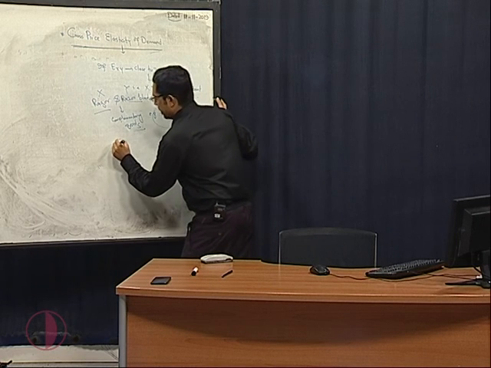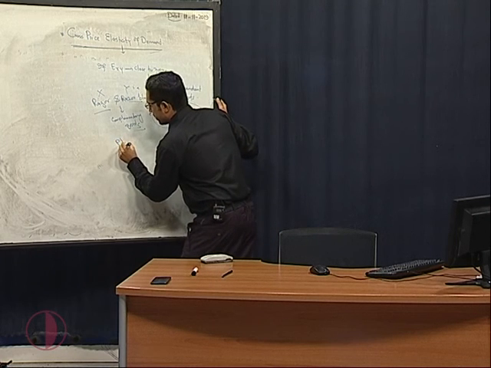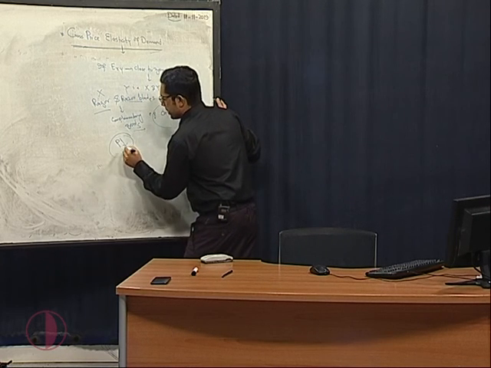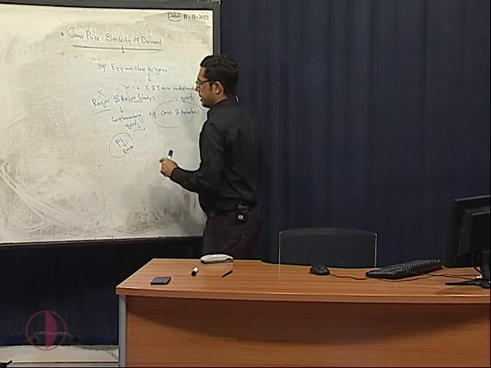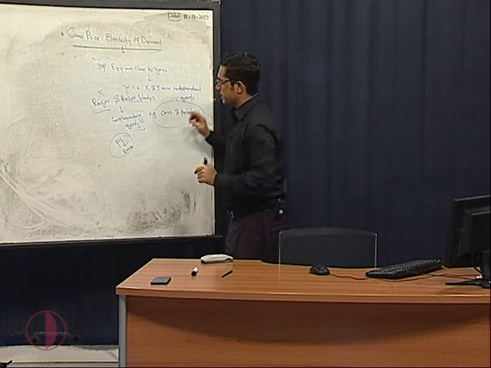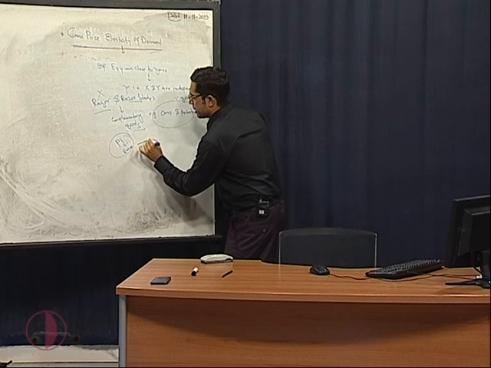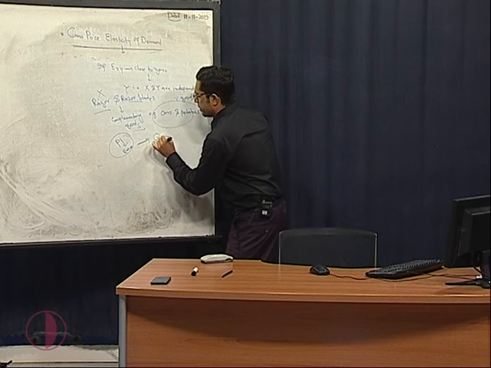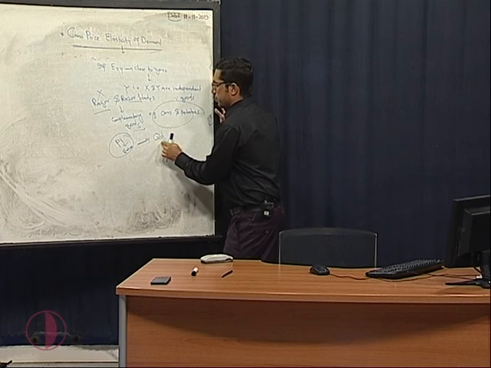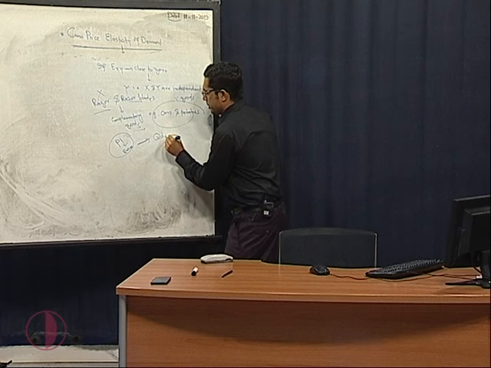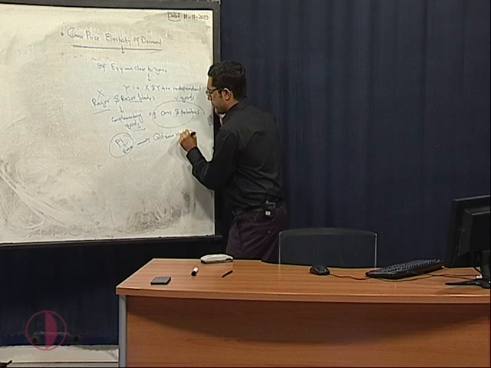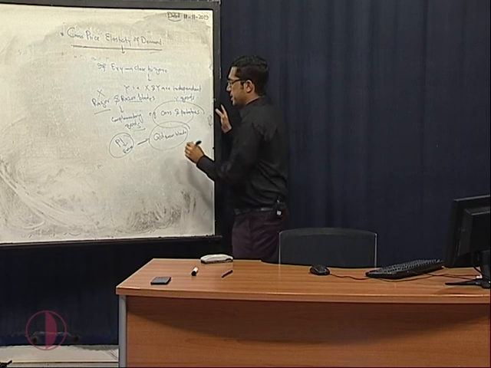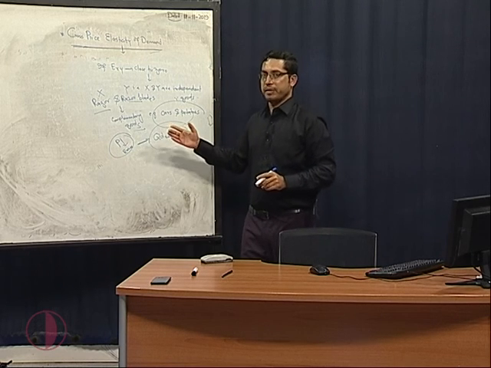For example, if the manufacturer wants to decrease the price of razor, how will it affect the quantity demanded of razor blade? How will the quantity demanded of razor blade be affected?